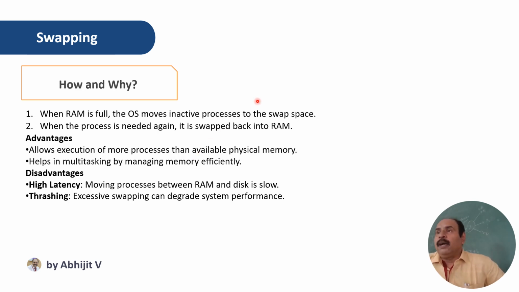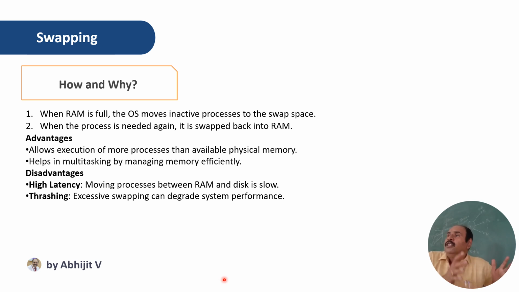So why do we need swapping and how to swap? When the main memory is full, the operating system takes an inactive process and moves it into a secondary storage, because an inactive process does not require immediate memory.